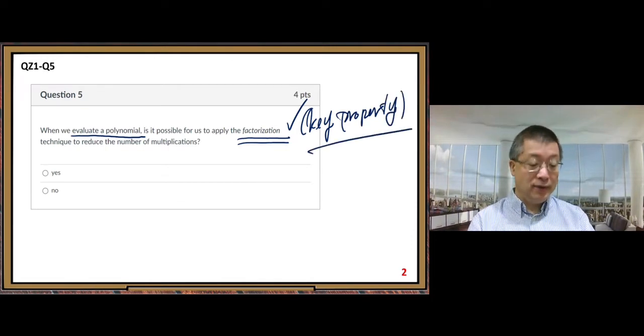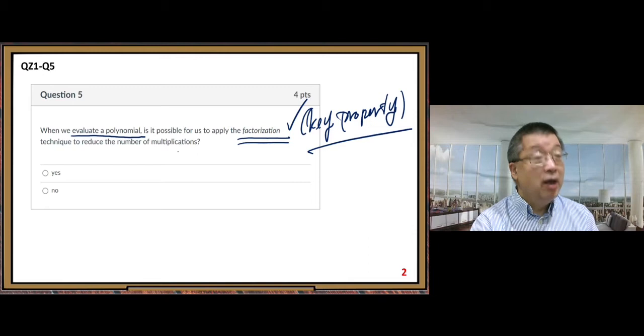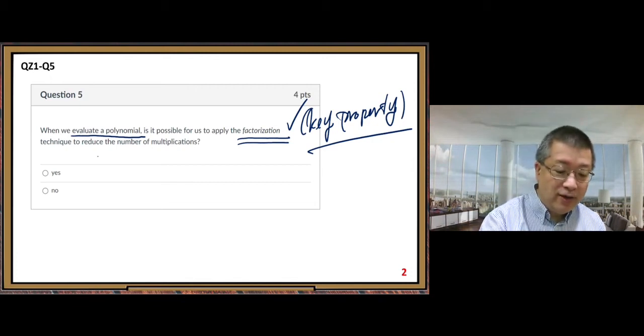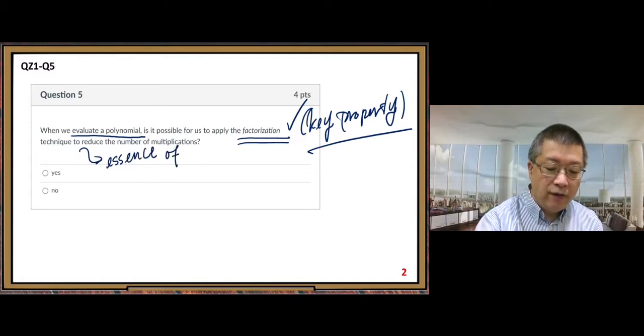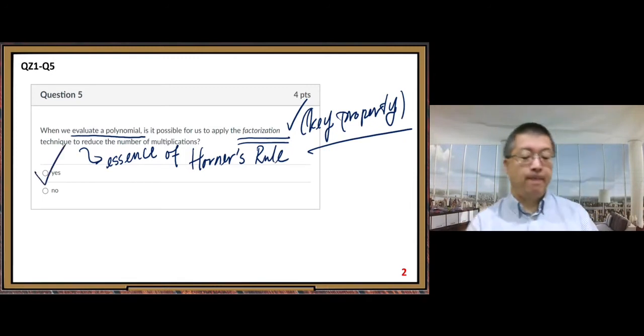Is it possible to apply factorization technique to reduce the number of multiplications? That's the essence of Horner's rule. So you need to have that background.